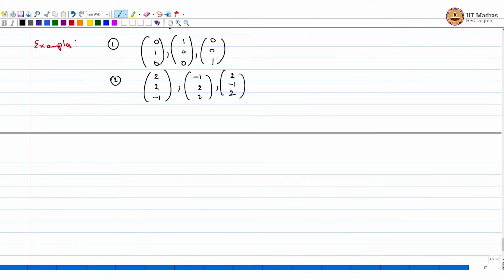Now we have another related concept called orthonormal vectors. u, v are orthonormal if they are orthogonal and of unit length.